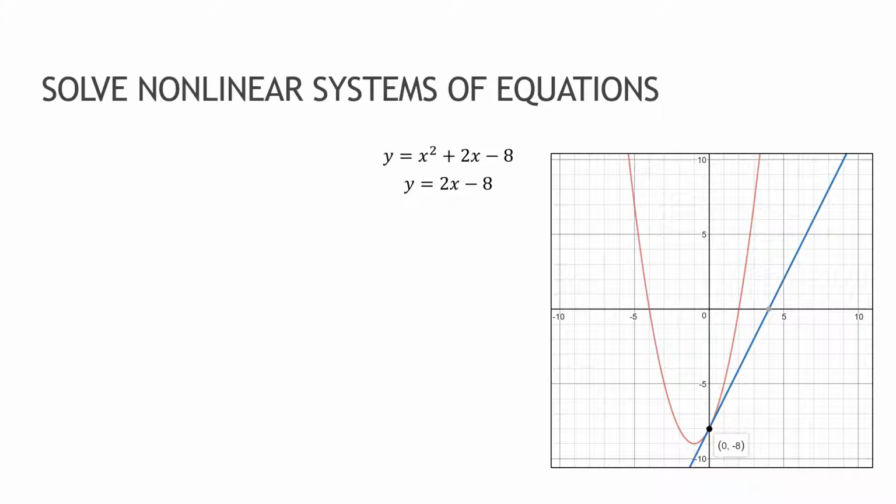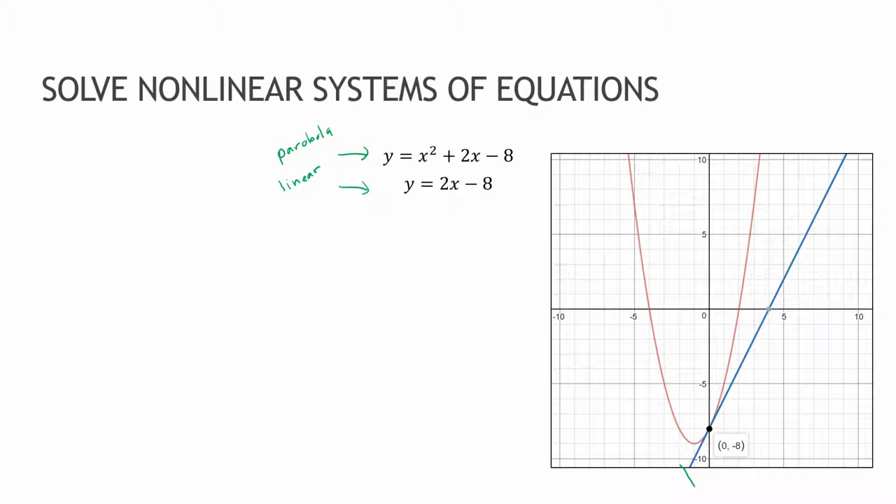So what's important to do, and hopefully you're really good at this by now, is, if I didn't already know what my intersection looked like, I would look at my first equation and say that that is a quadratic equation, so this is going to be a parabola. And my second one is written in slope-intercept form, so obviously this is linear.